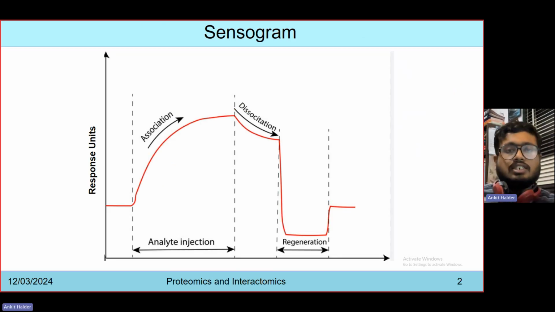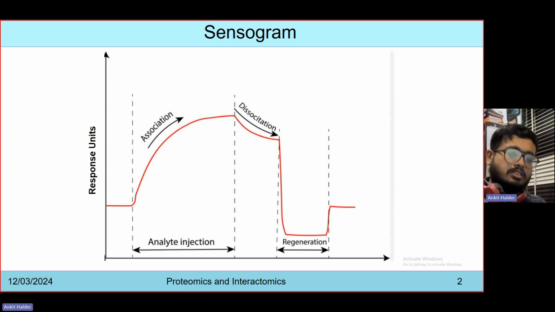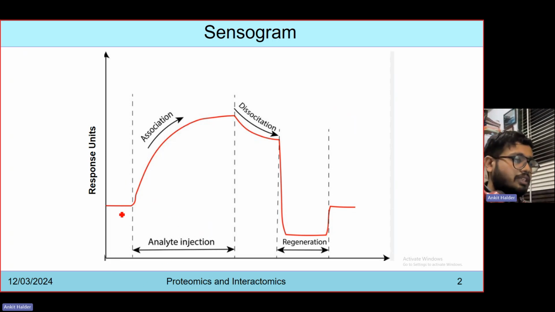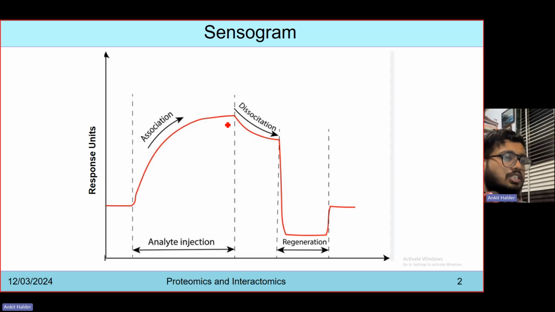Now if we look at these steps, first there is a typical sensorgram which shows us the different units: the baseline, then the association, then the dissociation, then the regeneration steps, and this is where the injection happens.